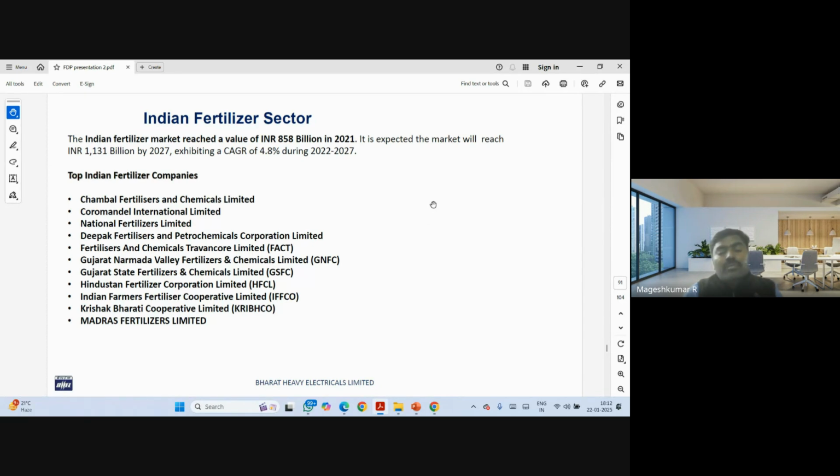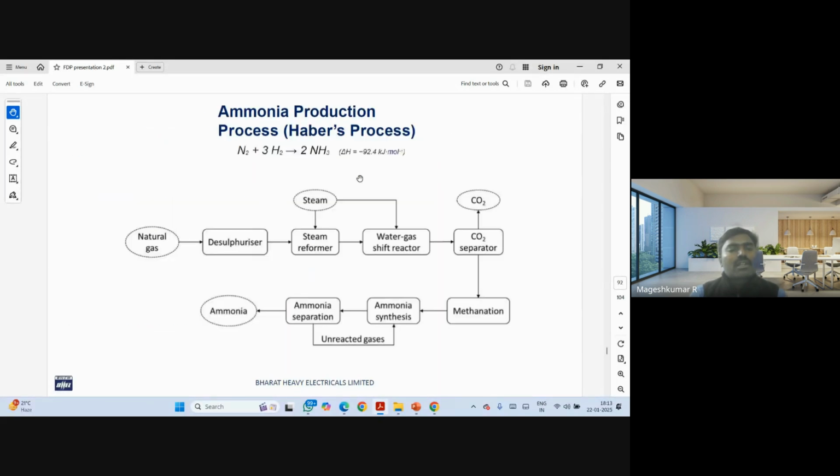So what is the market space? With respect to market space, these are the industries which require these chemicals in the Indian fertilizer sector. Presently this is the ABAP process, where natural gas is converted by gasification and utilized.